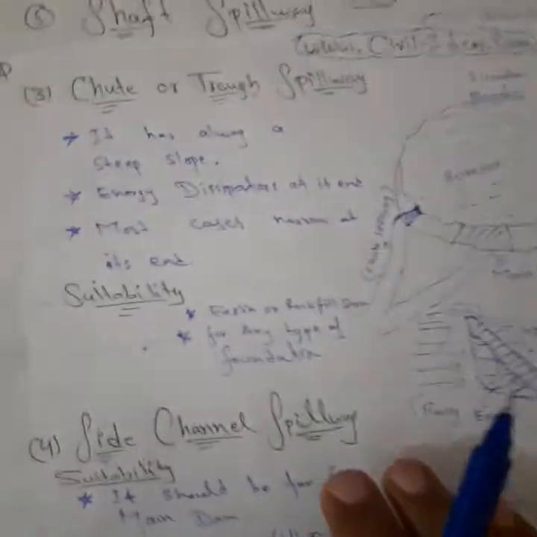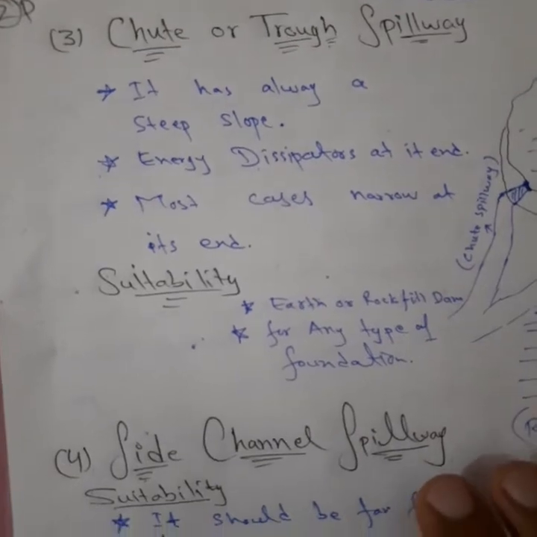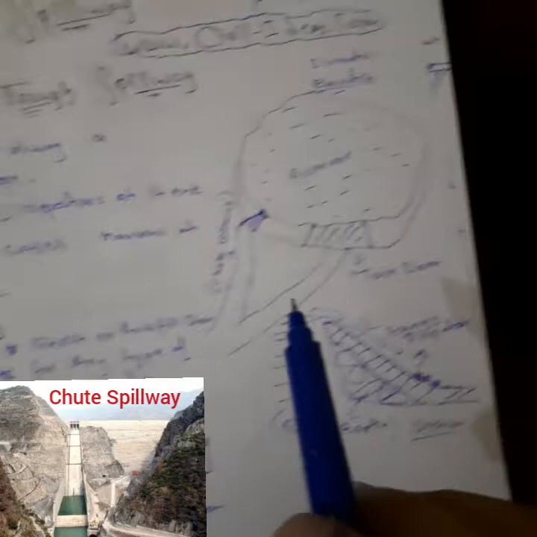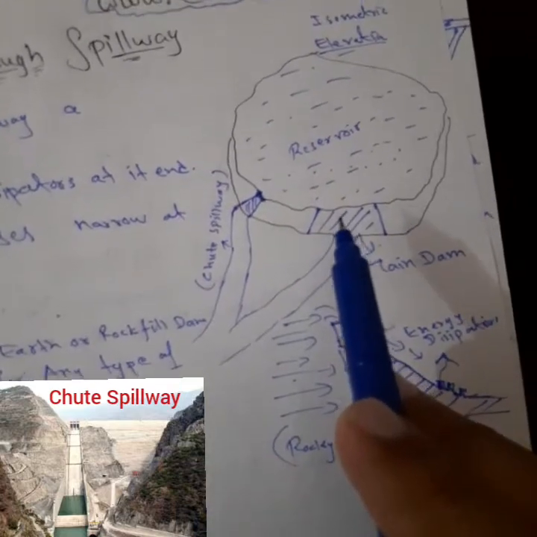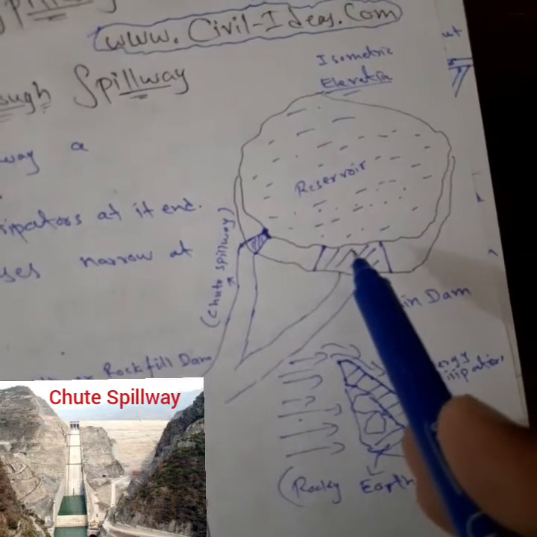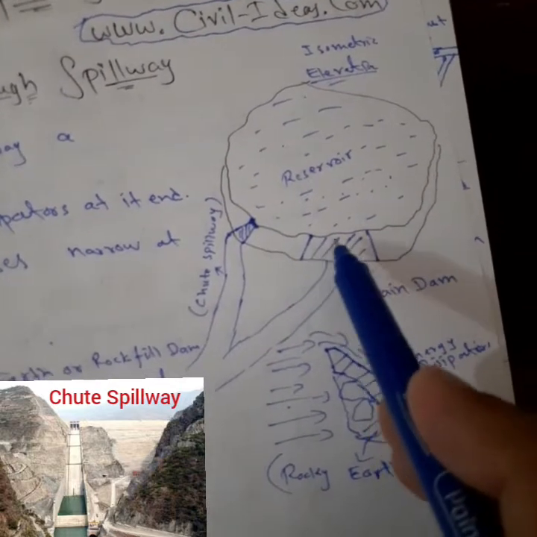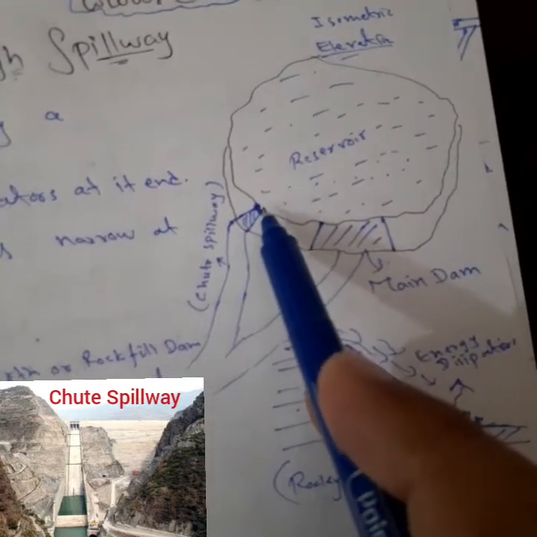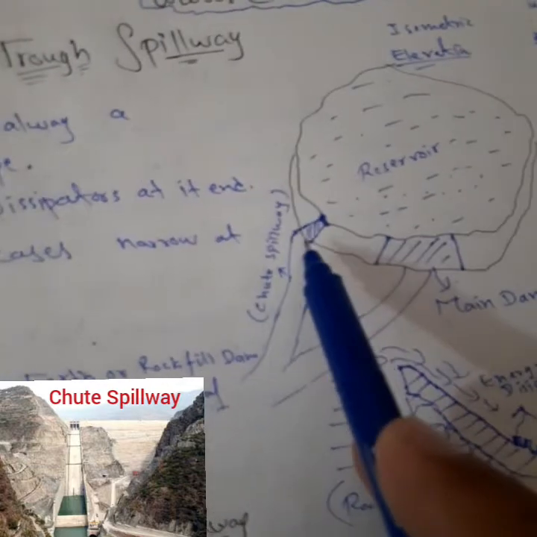Now the second and third one is the chute or trough spillway. First we will discuss the diagram. This is the dam reservoir, and this is the main dam we constructed here. This is the chute spillway or trough spillway.